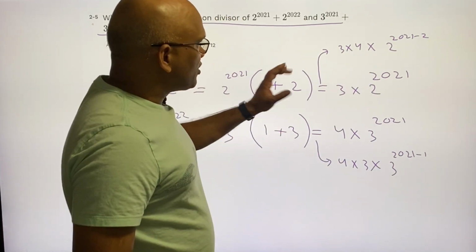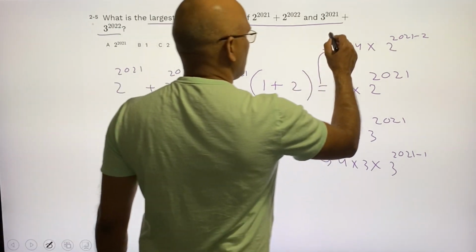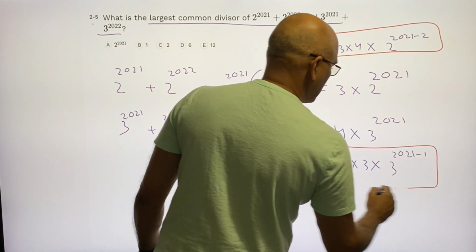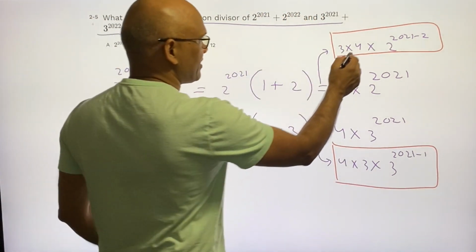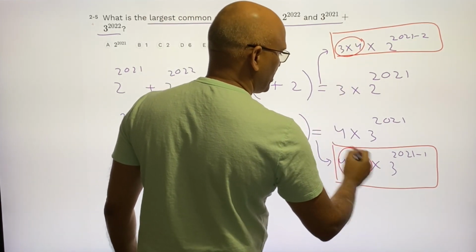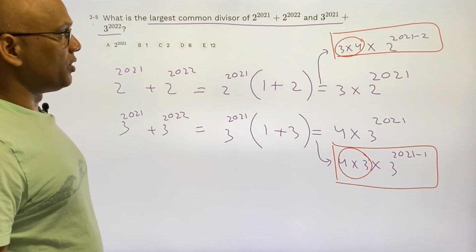Now, let's take a look at these two numbers. If I take a look, you can see that 3 times 4 is a common factor for both.